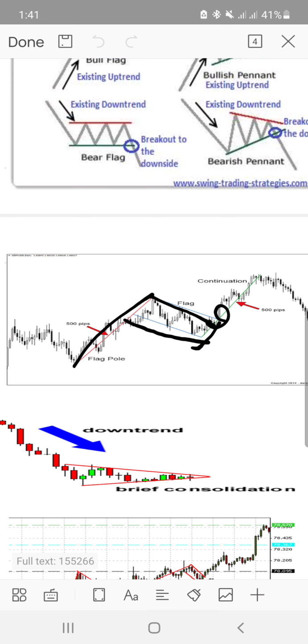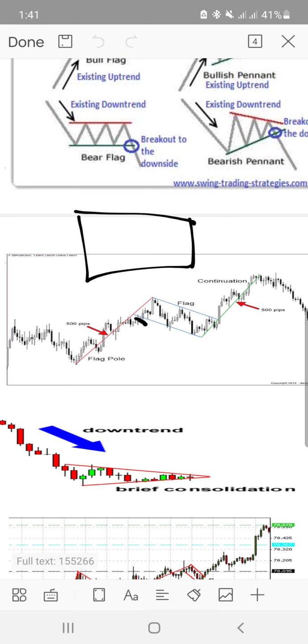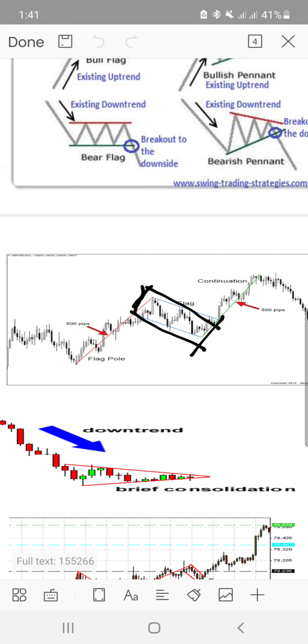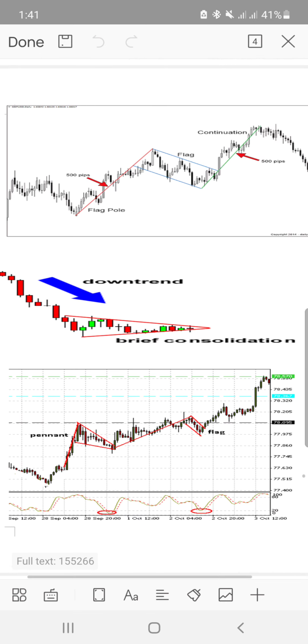One major difference between a flag and a rectangle is that in a rectangle, price goes up and ranges in a rectangle. But in this particular flag, the shape is not straight. It's somehow slanty, like this. So that's one major difference. Price ranges in this narrow range and breaks out to continue going up.